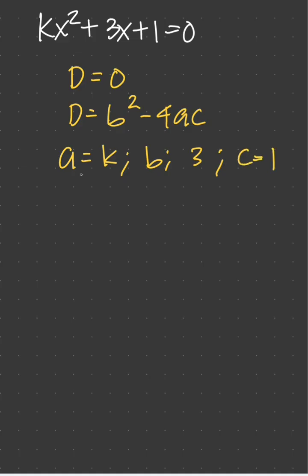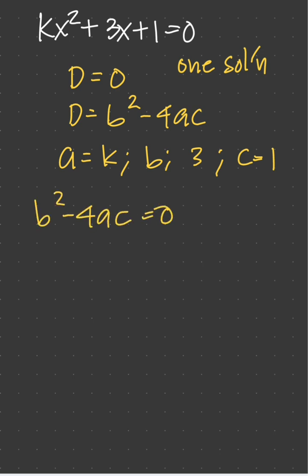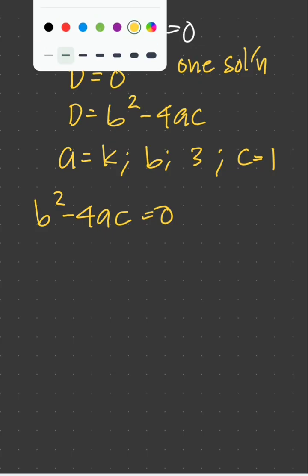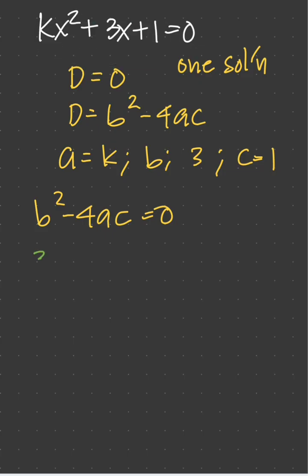Alright, and now, since it has exactly one solution, that means b squared minus 4ac is equal to 0. Then we plug in all of the values. So b is 3, so 3 squared minus 4 times a, which is k, times c, which is 1. So we can solve for k.